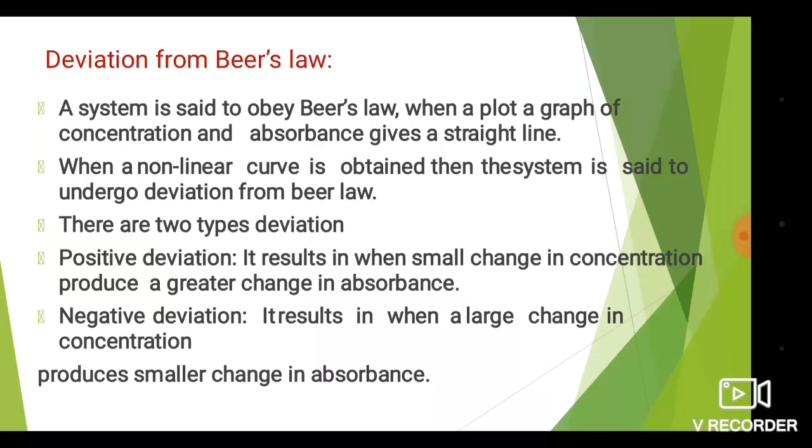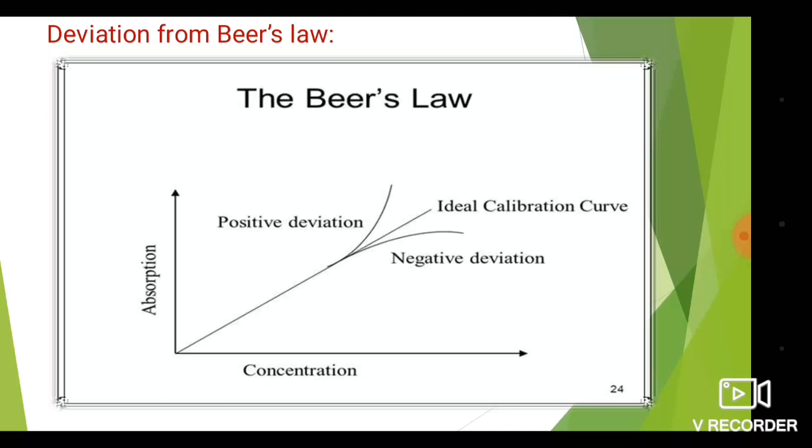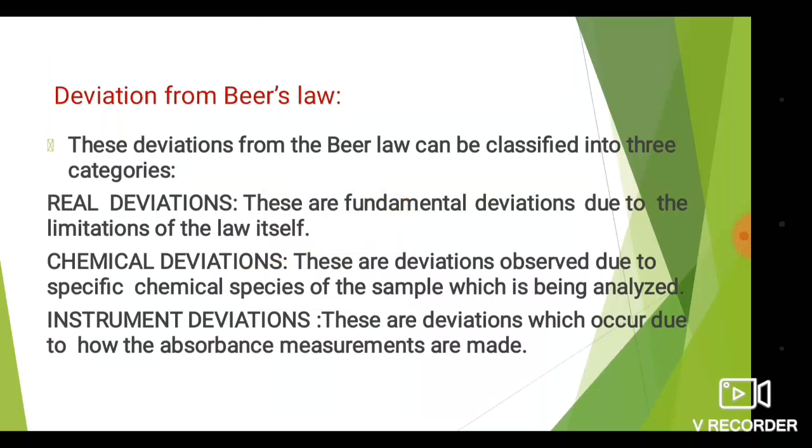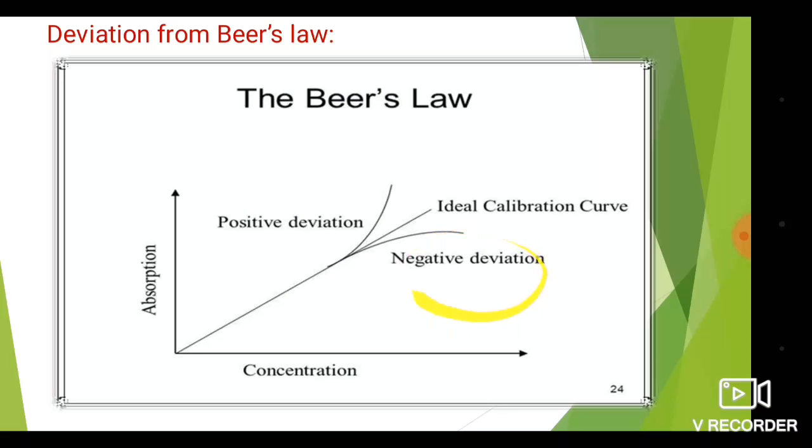But in case of deviation, when we get a non-linear curve, the system is said to undergo deviation from Beer's law. There are two types of deviation: one is positive deviation and the other is negative deviation. If the curve tilts towards the left side, it is a positive deviation.